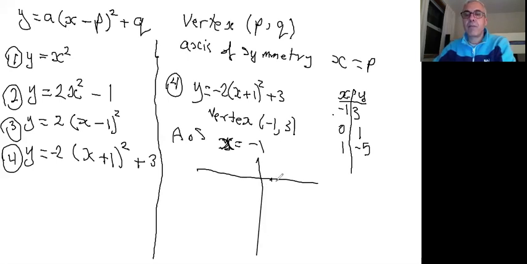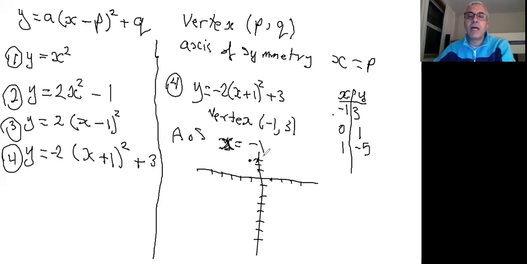1, 2, 3, 4, -1, -2, -3, -4, -5. 1, 2, 3. 1, 2, 3, 4, 5, 6, 7. Now, I plot my vertex, which is at -1 and 3, right there.